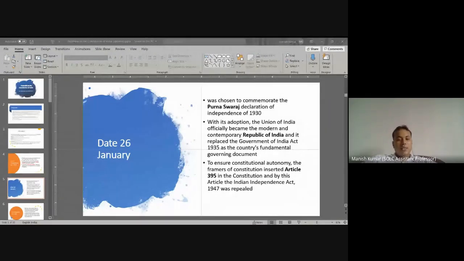On the day the Constitution came into effect, India ceased to be a dominion of the British Crown. India became a republic. It became a republic on 26 January 1950.